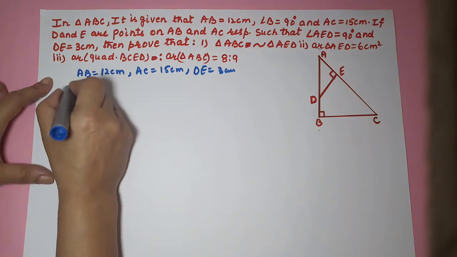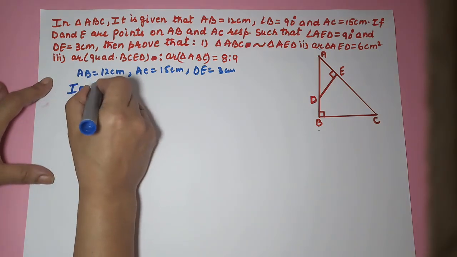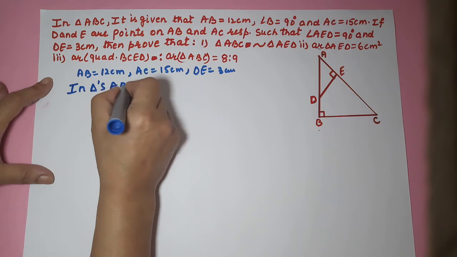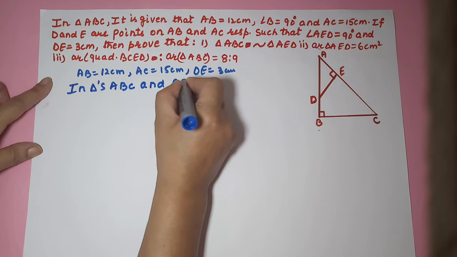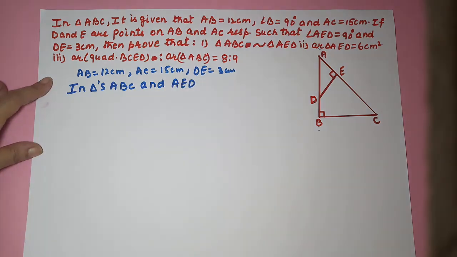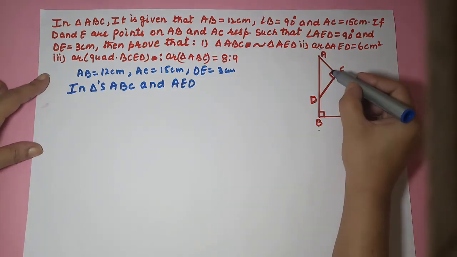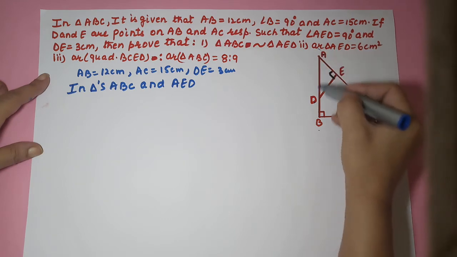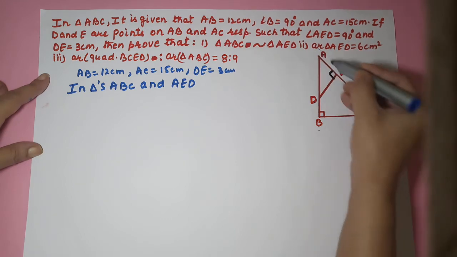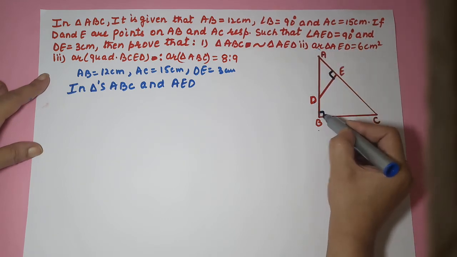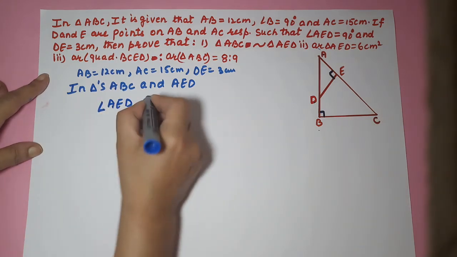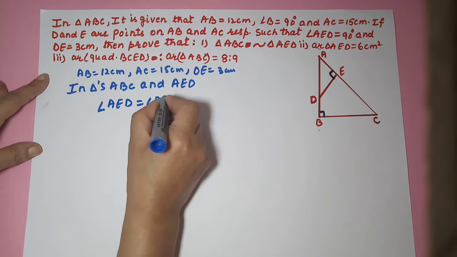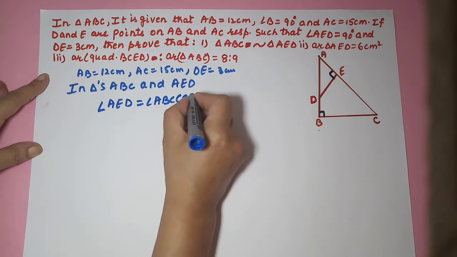So we will write in triangles ABC and AED. Okay, let's identify which two angles are same. One is this, right? In triangle AED this is 90 and in triangle ABC this is 90. So we will write angle AED is equal to angle ABC. Reason, each 90.